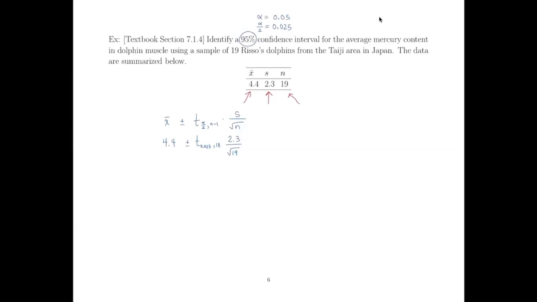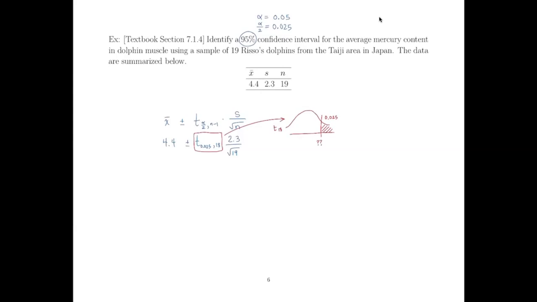So if I wanted to work that out, let's draw ourselves a little picture. There's our t distribution with 18 degrees of freedom. I want to know the value here where the area to the right is 0.025. We talked about how to do this using R. I'm just going to erase these here.